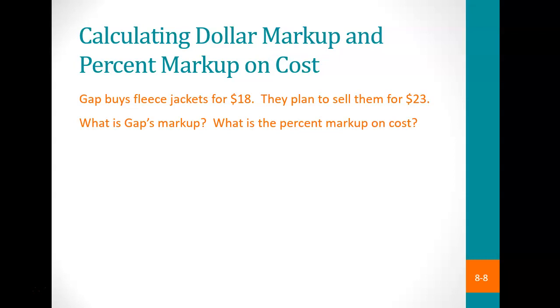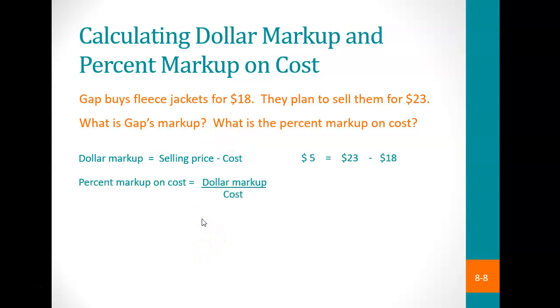Now we're saying, okay, we know the Gap markup, but what is the percent markup on cost? So now we're asking what the markup would be from a percentage standpoint as well as from a dollar standpoint. From a dollar standpoint, we know the amount is $5. Again, the markup is just selling price minus the cost.